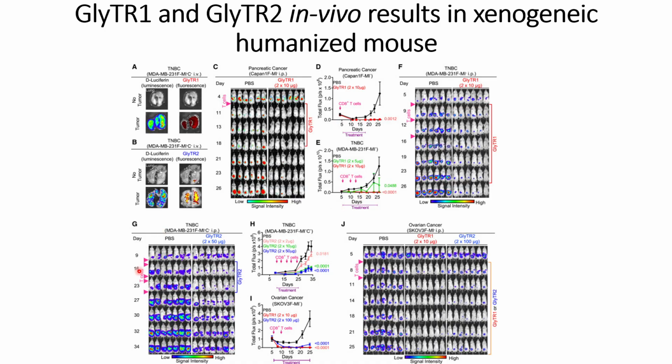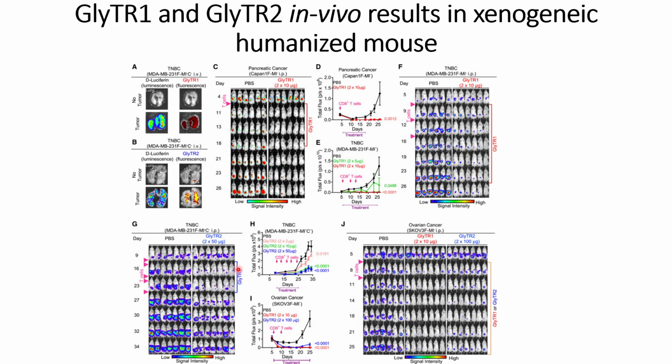Panel F is about the triple negative breast cancer with GlyTR1 CAR T, and panel G is about triple negative breast cancer with GlyTR2 CAR T. And here we have seen some higher tumors in the GlyTR2 case compared to the case of GlyTR1 in the triple negative breast cancers.